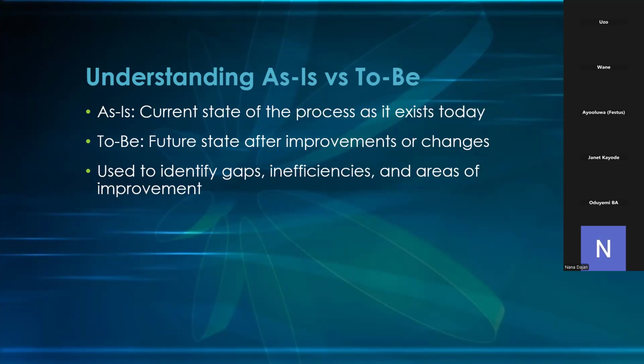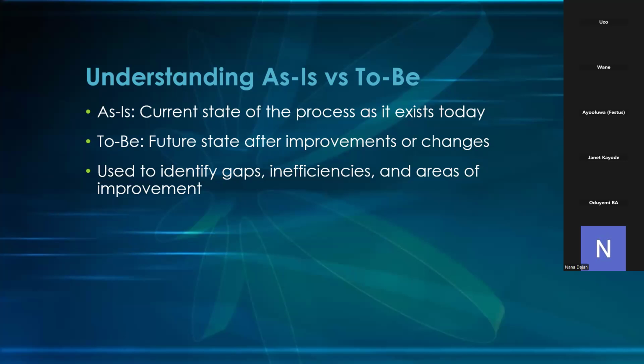To be is the future state once the improvement or the changes happen. So what does that mean in layman's terms? When you come on a project, the first thing you want to understand is the pain point. Pain point means what's the problem? What do we want to achieve?